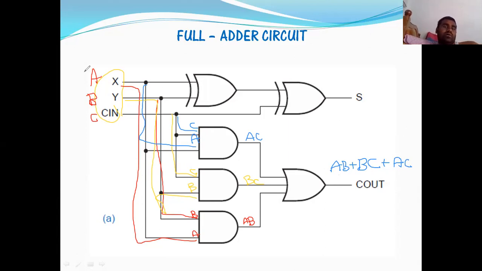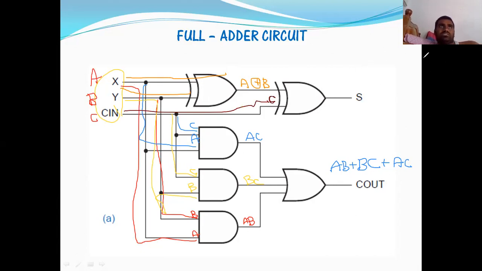And next, here we have the inputs A and B, so we are getting the output A XOR B. And next, directly we are getting the C input.